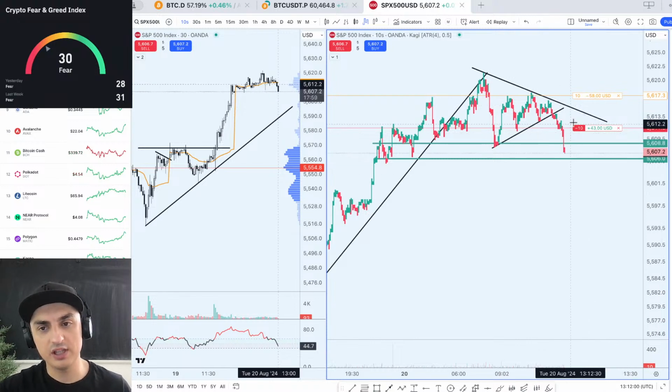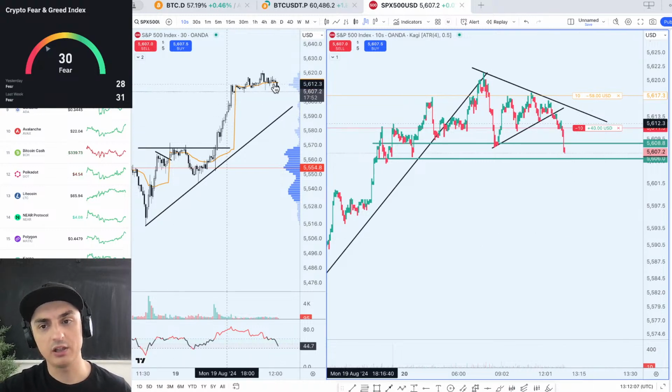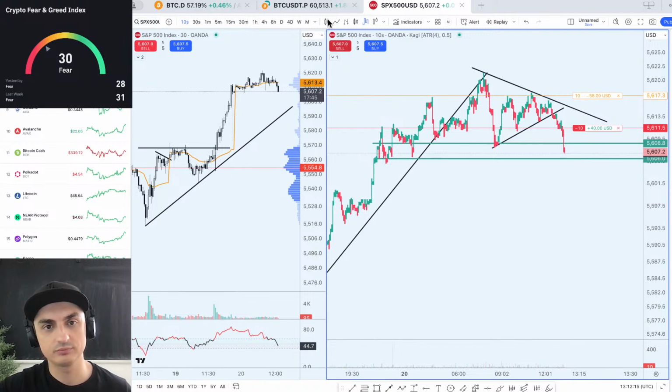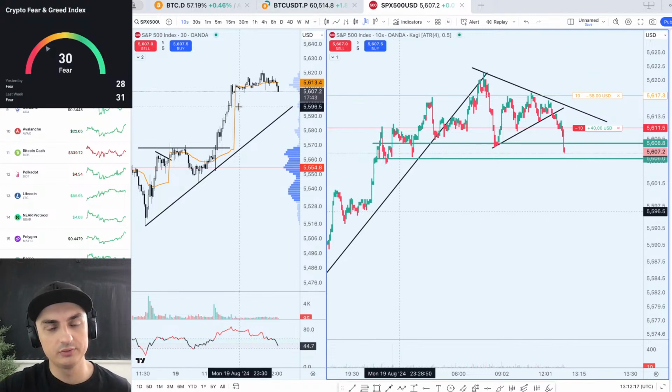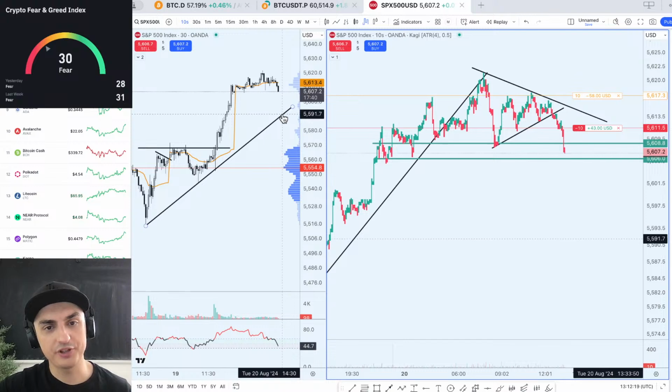I still didn't place any take profits over here, but I'm looking for this area to play out. We could potentially flush down to 5,590, which is the nearest support over here. The market is pretty thin. You can see on the volume profile we don't have too much volume in this area.